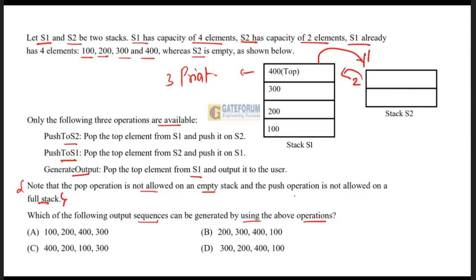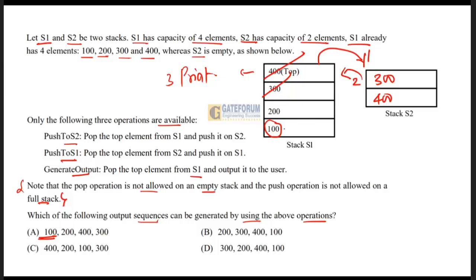If you look at option A, in any case I cannot generate option A. Why? Because if I want to get 100 at the first position, it means this particular position should be at the top. If I pop this 400, I will put it here. If I pop this 300 also, 300 will be here.